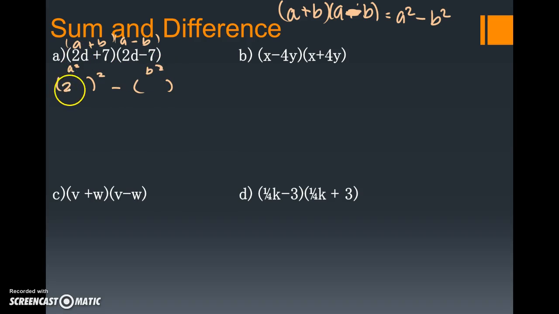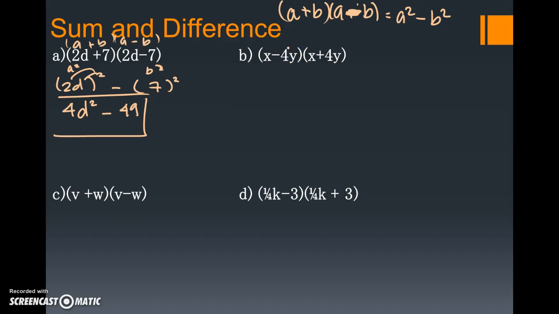So what's the a? 2d. What's the b? 7. (2d)² is 4d², squaring each of these terms, minus 7 squared is 49. Yeah, people tend to like this one way more. For this one, it's still sum and difference, even though it's difference and sum.